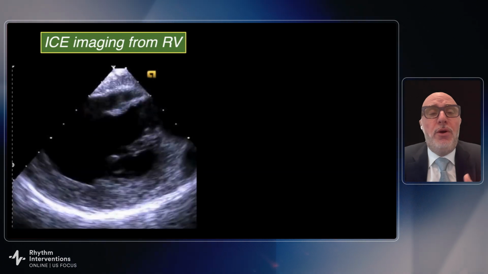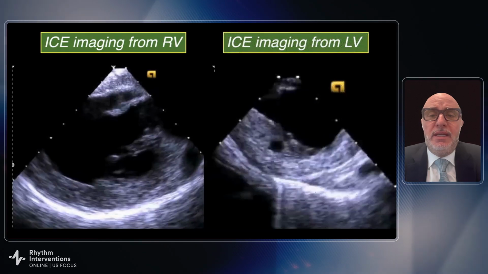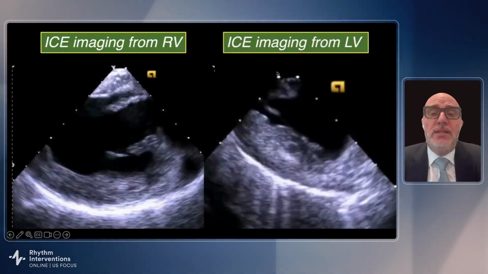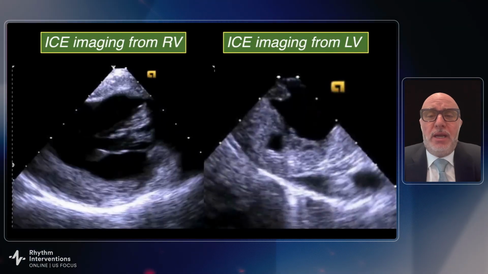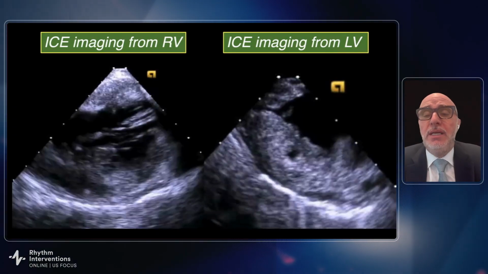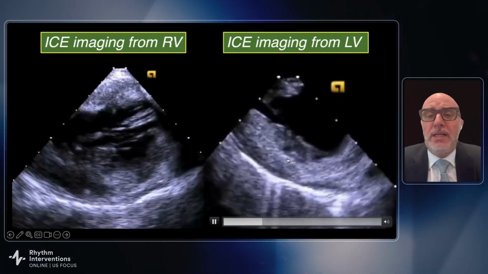Now, as we have done more and more of these, and this is the idea of imaging the source and advanced techniques, this is the same patient with the same probe, and now I have advanced the intracardiac echo transseptally into the left side of the heart, across the mitral valve. This same area is now well seen.